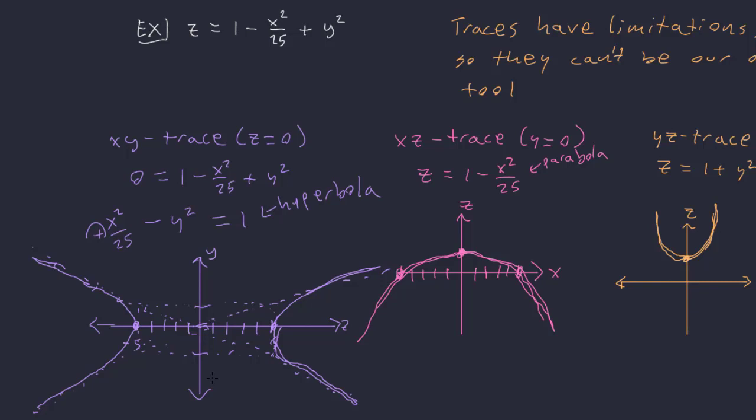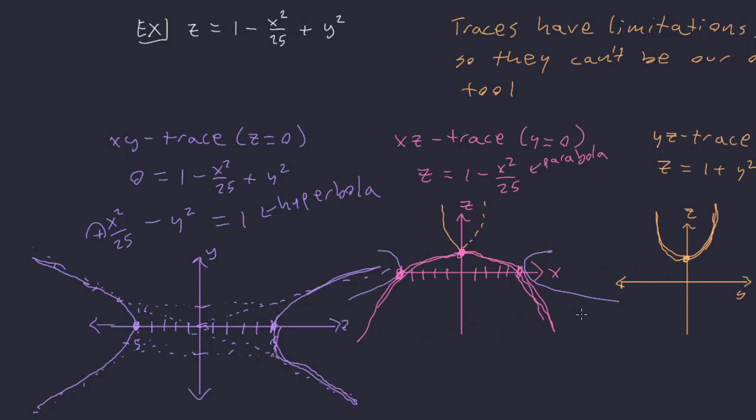Now, this is actually kind of hard to visualize what's going on, because if I tried to put these guys together, well, on the YZ trace, it's opening upwards, so it would look something like this. And on the XY plane, we get hyperbolas, right?